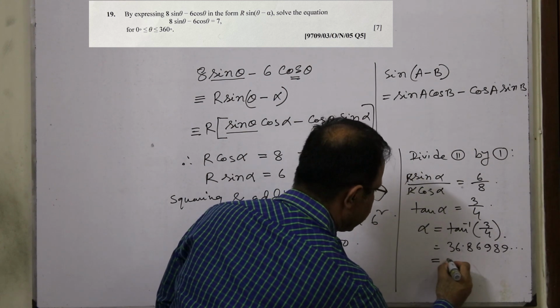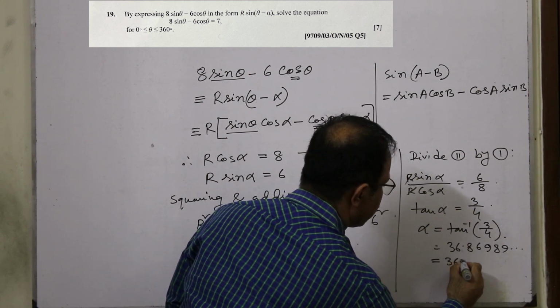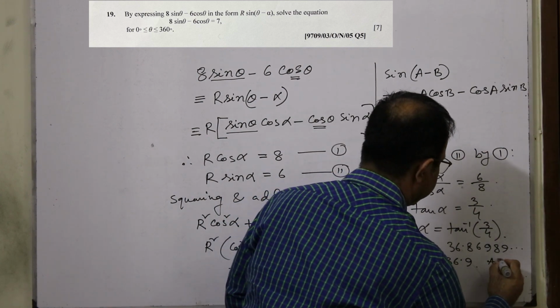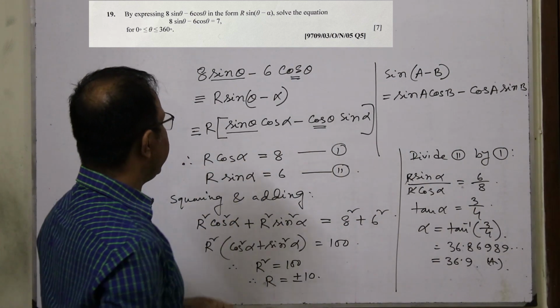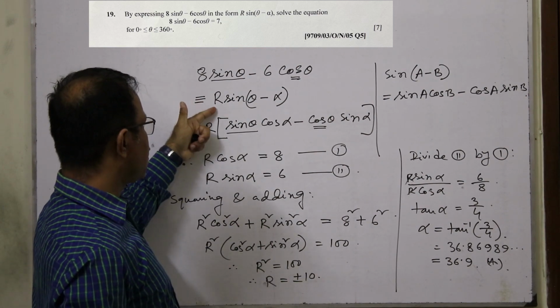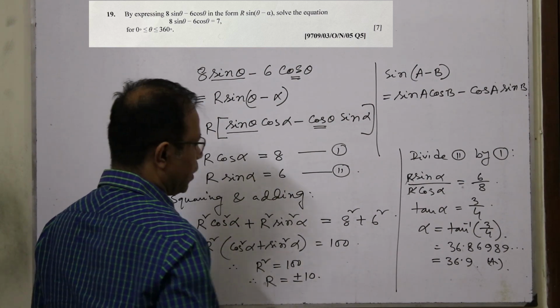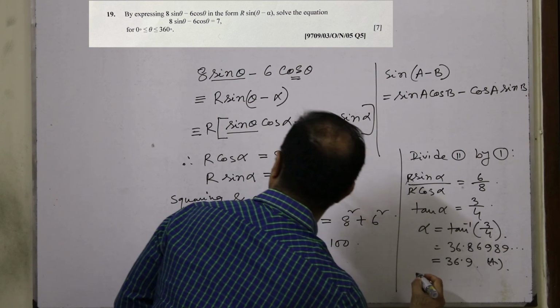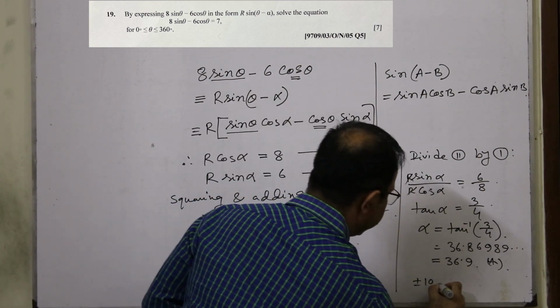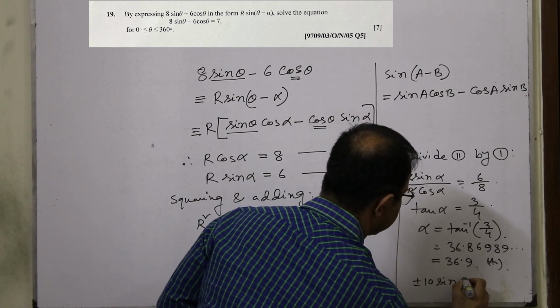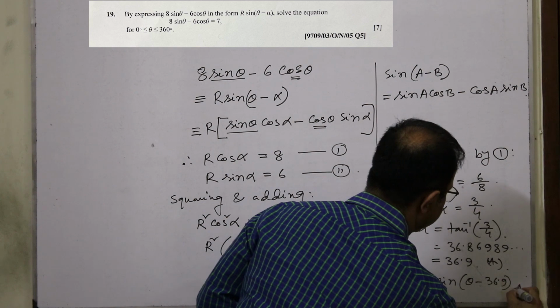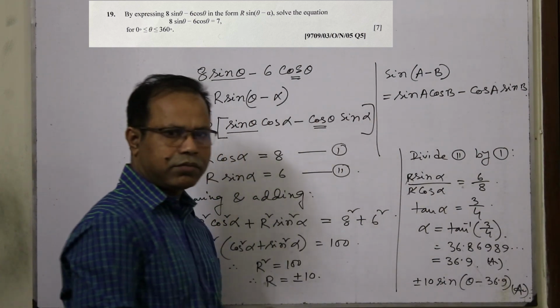We can write it as 36.9 to 3 significant figures. So the whole thing we express as plus or minus 10 sine of theta minus 36.9. This is the answer.